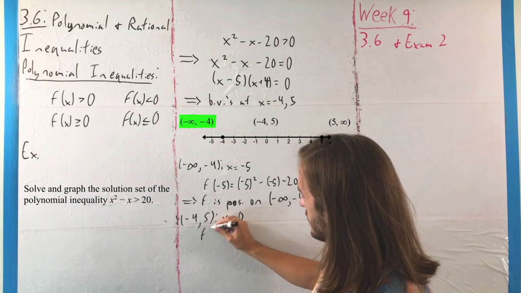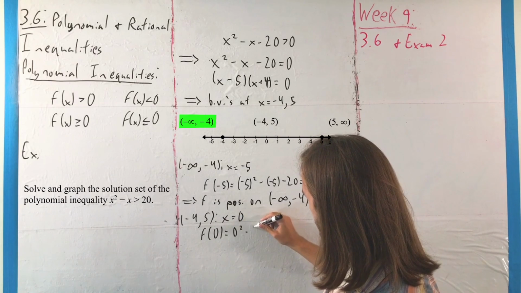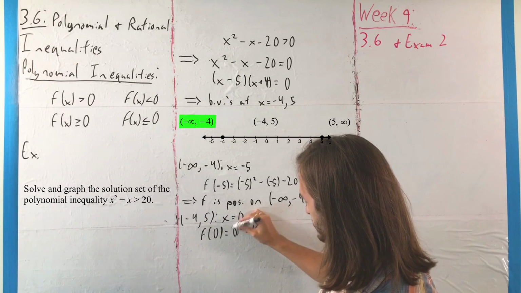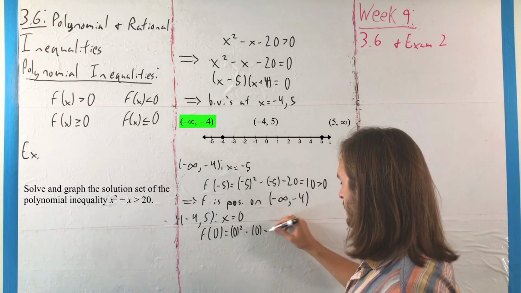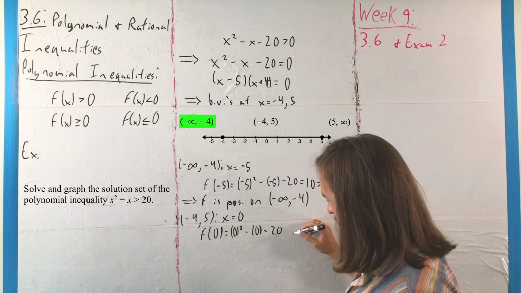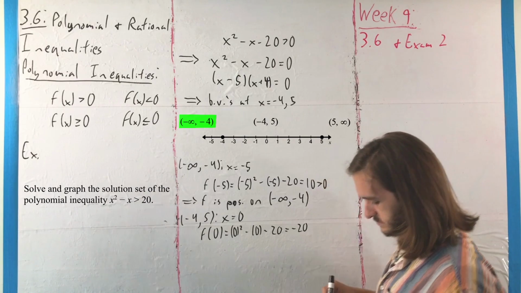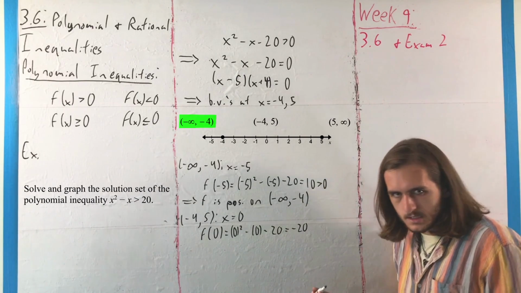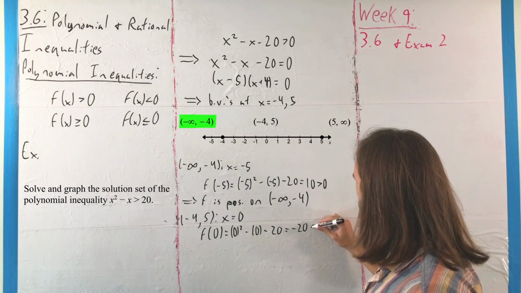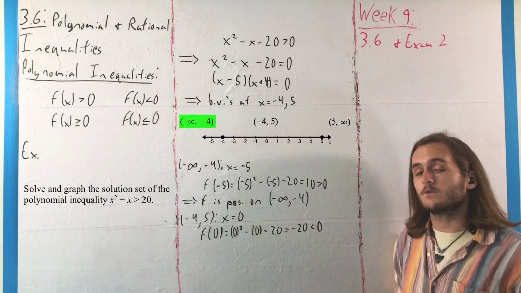I'll take f at 0, which would be 0 squared minus 0, I'll throw it in parentheses just to be sure, minus 20, which is not super interesting or involved, and just ends up being minus 20. Like I said, it's usually very easy to compute at 0, which here is less than 0 overall.